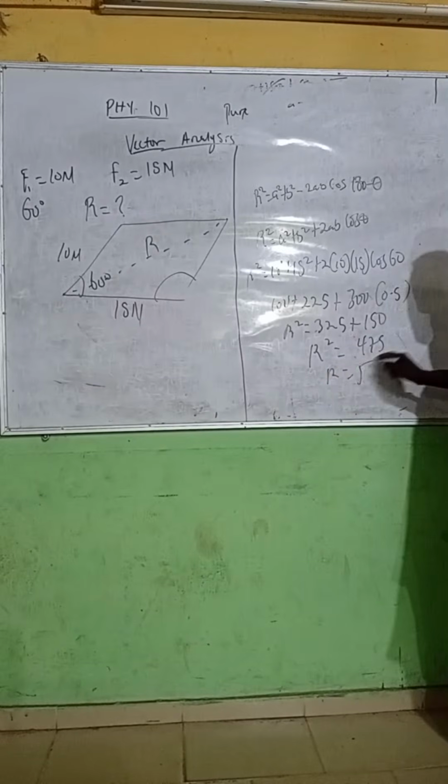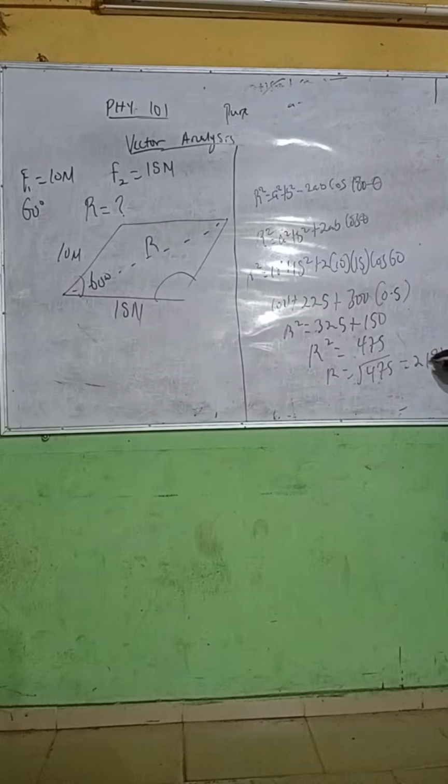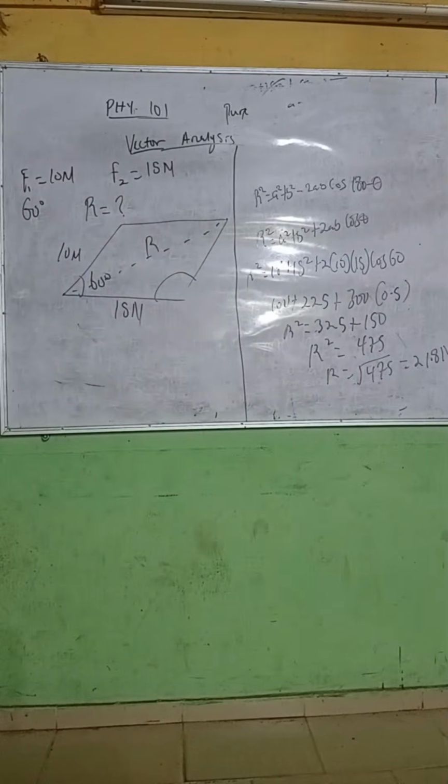R equals root 475, and that's 21.8 Newton. Now that's our magnitude of the resultant.